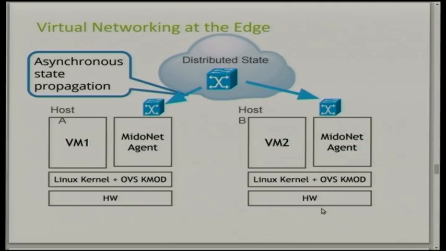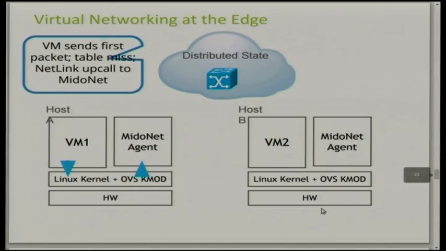So the network state database sends state information that's propagated to the agent that lives on the edge, on a host machine. When a VM sends its first packet, there's a lookup in the Linux kernel, and if the Datapath flow is there, there's no need to do anything.